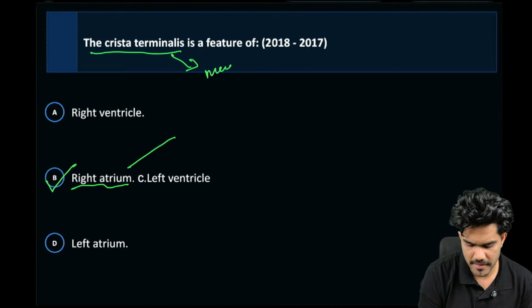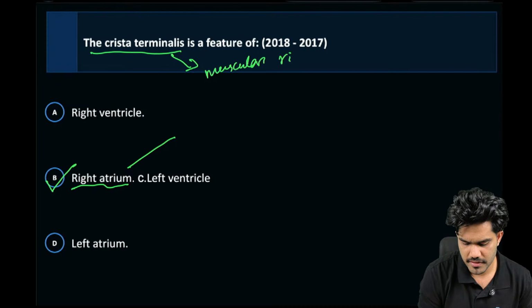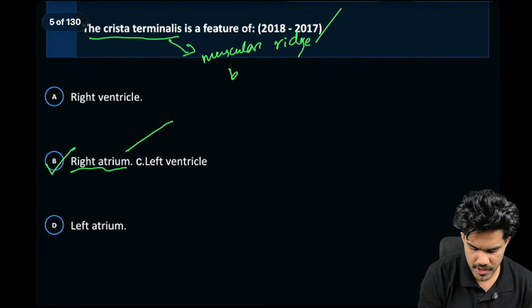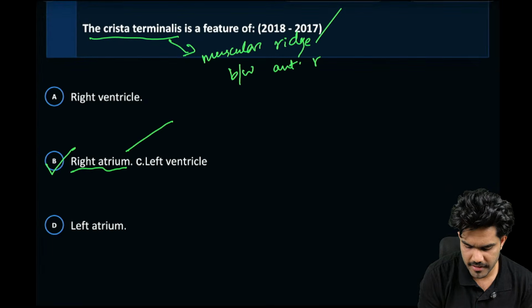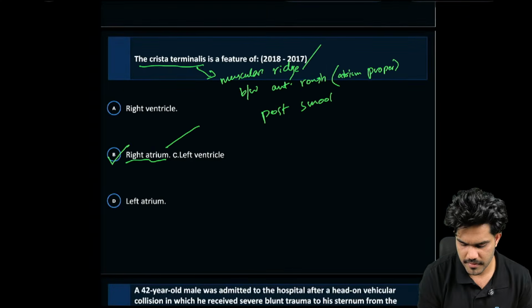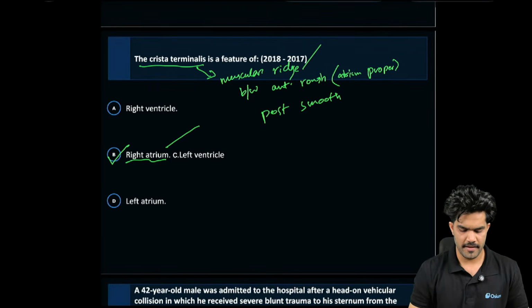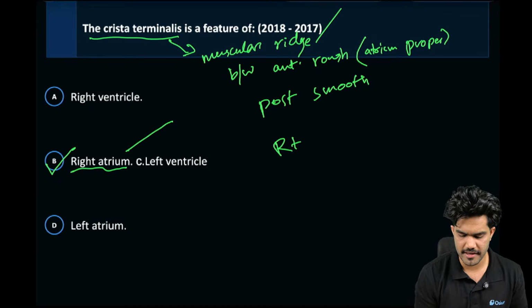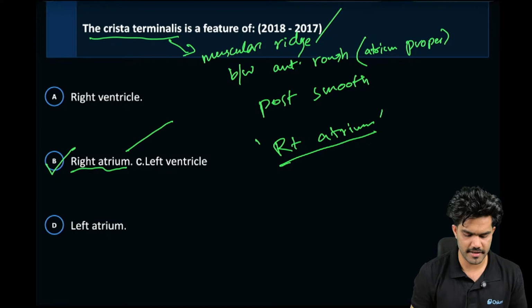It is a muscular ridge between the anterior rough part, called atrium proper, and the posterior smooth part. It's a muscular ridge between the anterior rough and posterior smooth parts of the right atrium. Easy answer, guys.